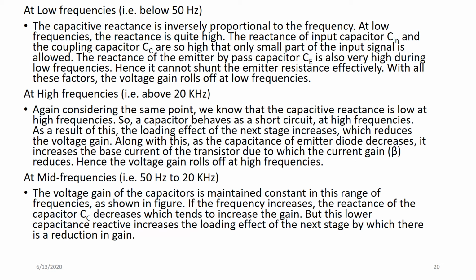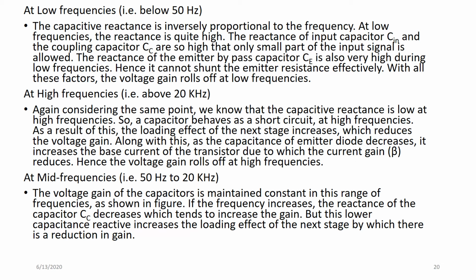The reactance of emitter bypass capacitor Ce is also very high at low frequency. Hence, it cannot effectively shunt the emitter resistance. With all these factors, the gain rolls off at low frequency.